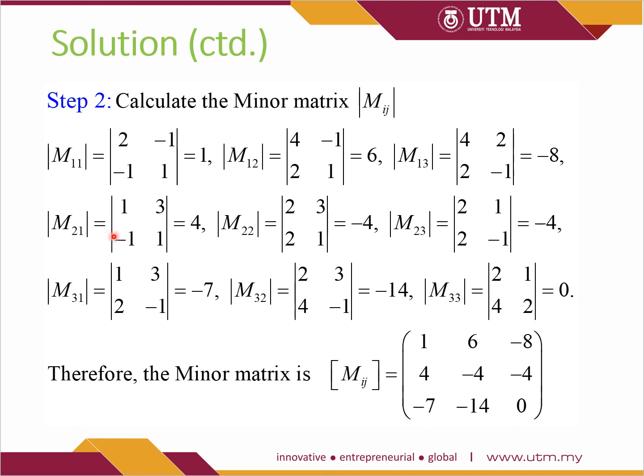The same goes with the rest of the matrix. So from here, we can conclude that the minor matrix is 1, 6, -8, 4, -4, -4, -7, -14, 0. It can be simplified in terms of this matrix.